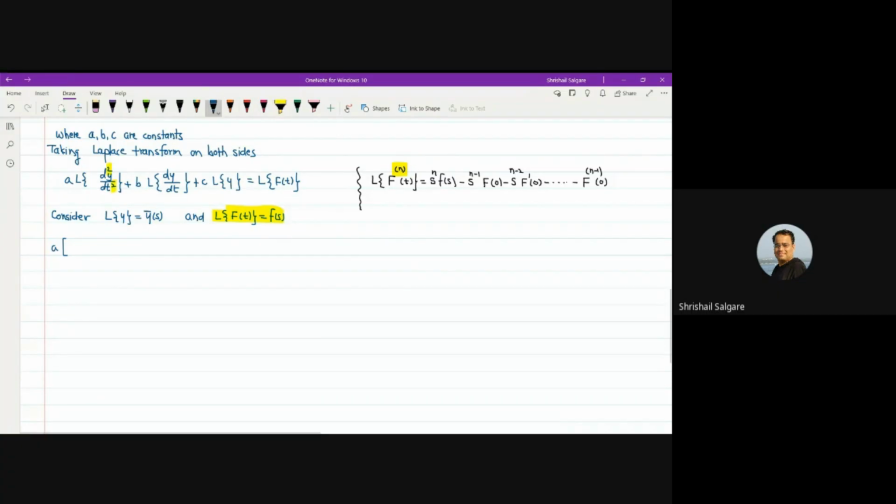So you have to start with s square. s square into Laplace transform of y, that we are denoting as y bar, minus, in each step you reduce the power of s by 1, it becomes s, and value of the function at 0, minus s raised to 0 is 1, and you increase the order of derivative, y dash at 0. Understood how I am writing this? Is it clear?